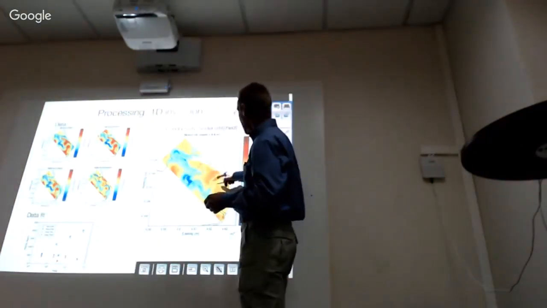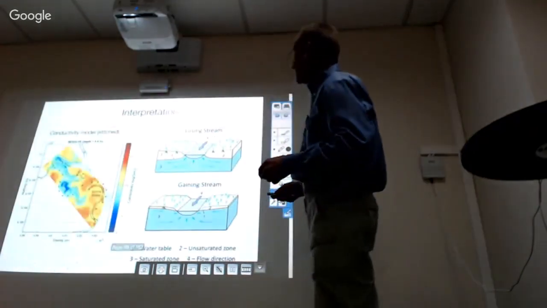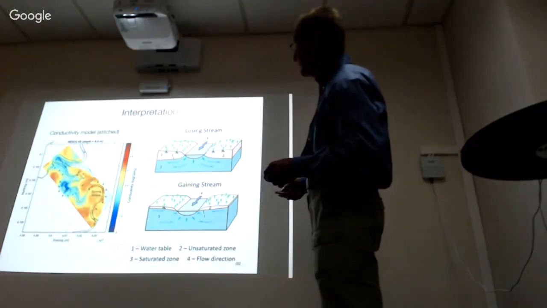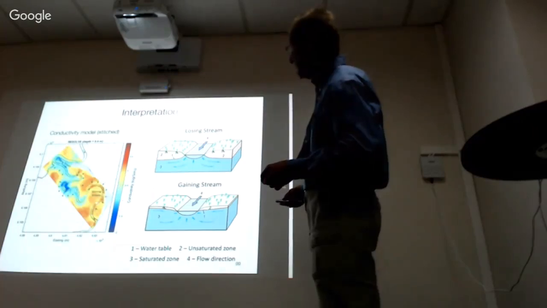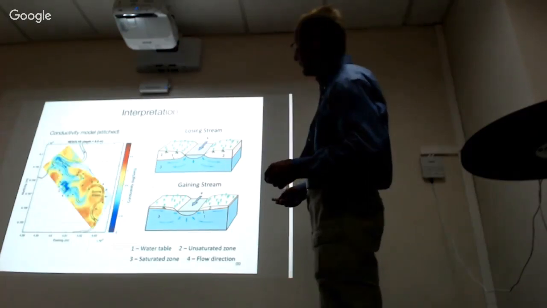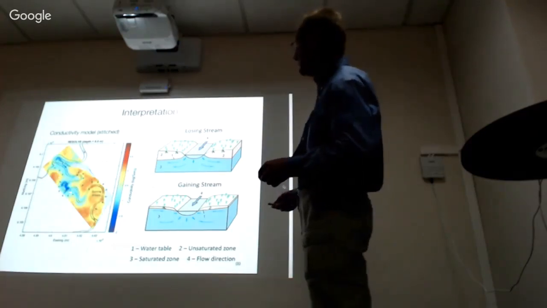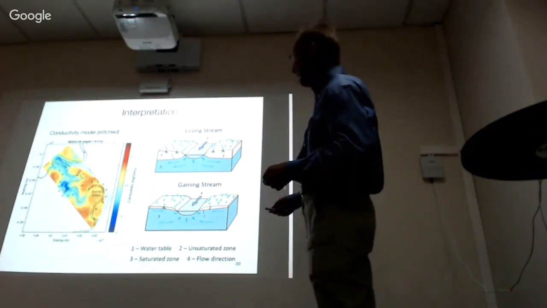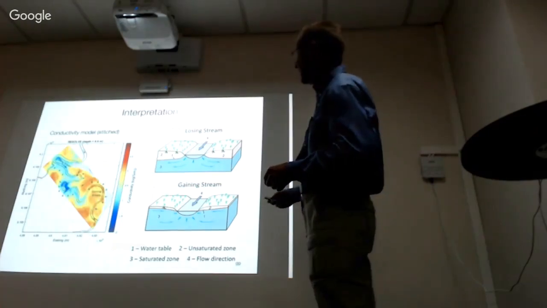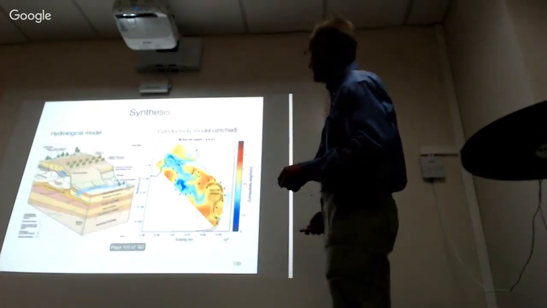And so here we've got high conductivities coming in, and our interpretation is that these would be the salts coming in here, and so the river is actually gaining in salts over here on the blue. The fresh water is going out, so the river is losing fresh water. From the point of view of the Australians and CSIRO people, what they were really interested in is how these salts are moving in, and that gives them a fair bit of information.